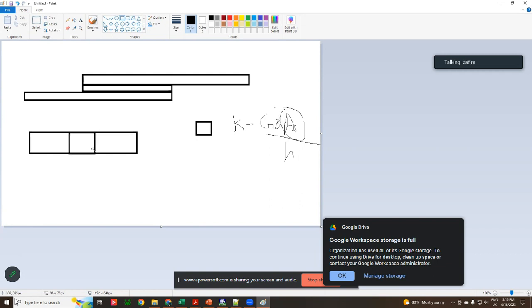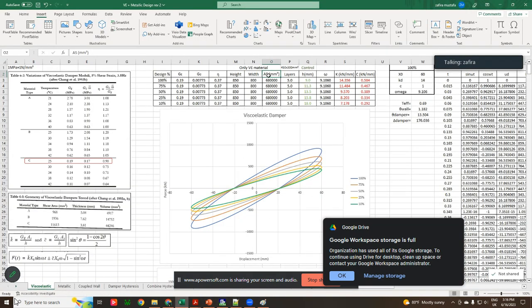So in the calculation, we calculate the big size, the total area, and then we can cut it into small pieces and sandwich them in between the plates. So that's why first I calculate the total area. So this is a big area. Yes, sensei. And then you cut it into small pieces.